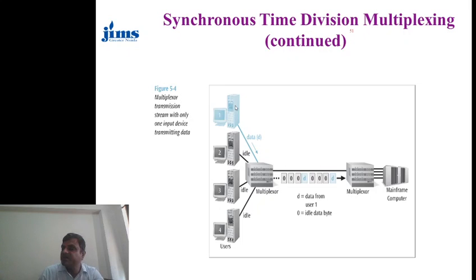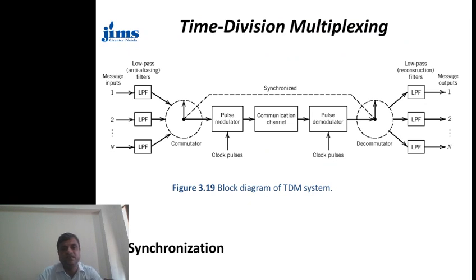If they are idle, 0 data is transmitted. If they transfer something, then some data will be transferred. In this particular case all 3 have no data, so they are idle at this time. So it has 0, one has the data, but the slot is allocated to all. That is the case of synchronous time division multiplexing.